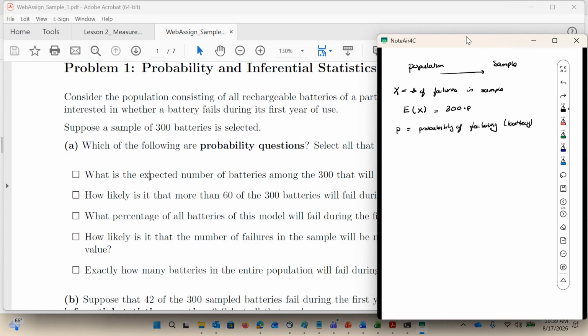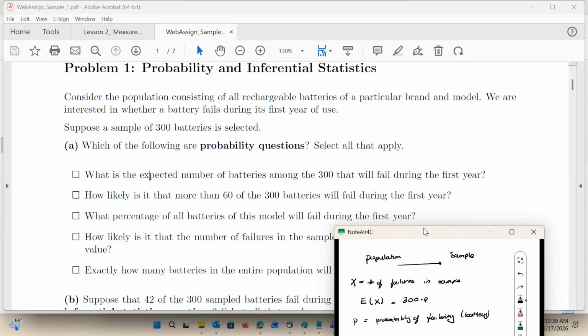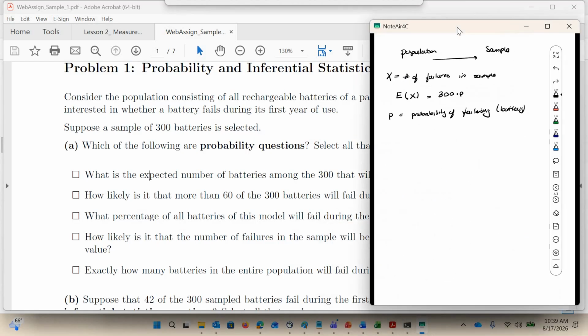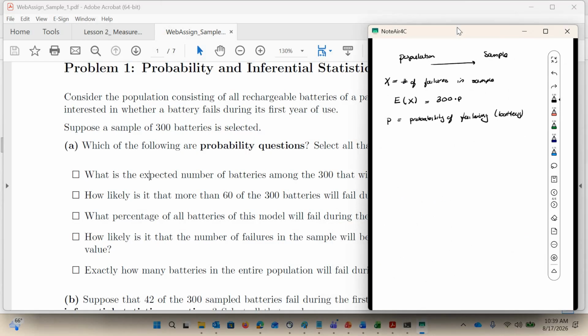Let's talk about why 2 is also a probability question, but it's posed as a probability question. How likely is it that more than 60 of the 300 batteries will fail? I'm saying I'm trying to compute the probability that X is bigger than 60. That's what I'm trying to compute. And the last one that's a probability question is the 4th one down.